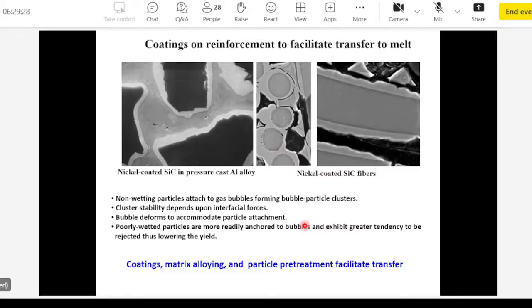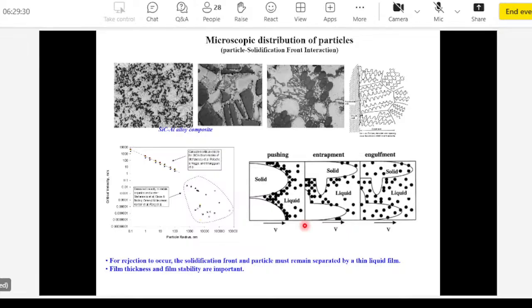Here are some microstructures of metal matrix composites. You can get silicon carbide aluminum composites. In most cases, especially when you're dealing with particles or short fibers, particles and fibers are pushed in the last solidifying area of the composite. So if you're using a casting process to make a composite, as aluminum dendrites or cells form, they begin to push the particles in the last solidifying eutectic areas.